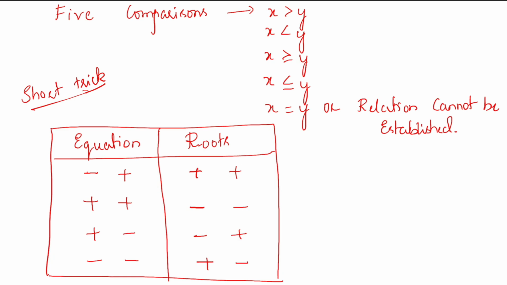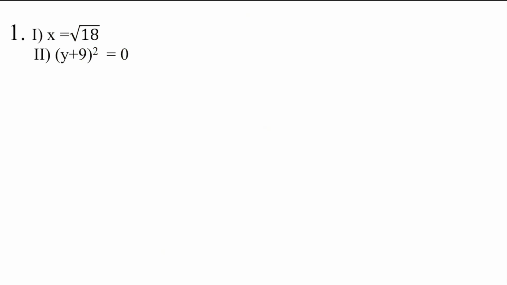Let us begin with our first problem. The first equation is x is equal to root 81, and the second equation is y plus 9 the whole square is equal to 0. When x is equal to root 81 is given directly, then x will have only one value, that is plus 9. It is not plus or minus 9.